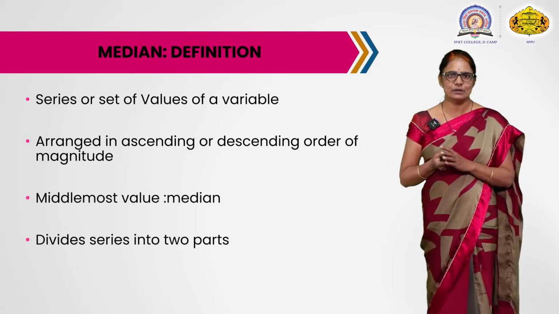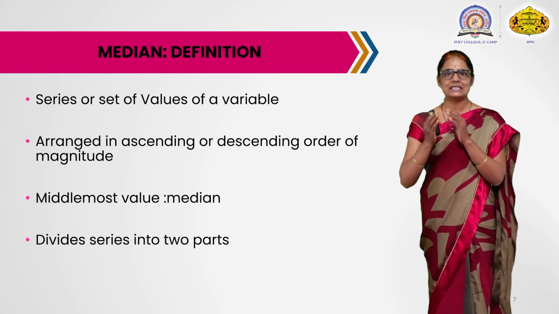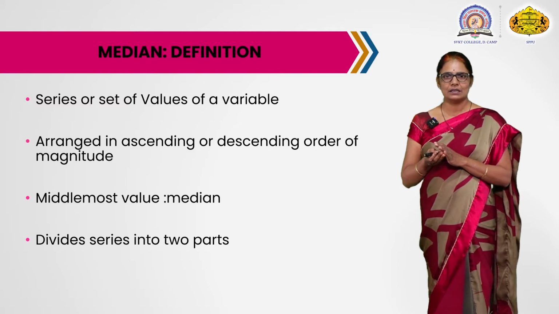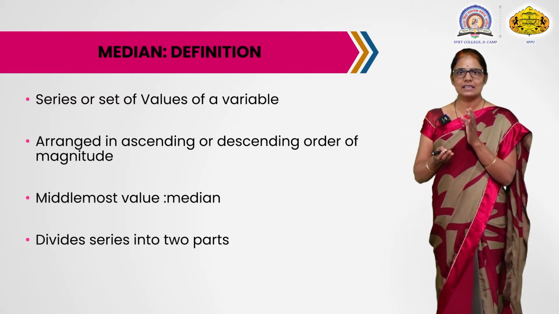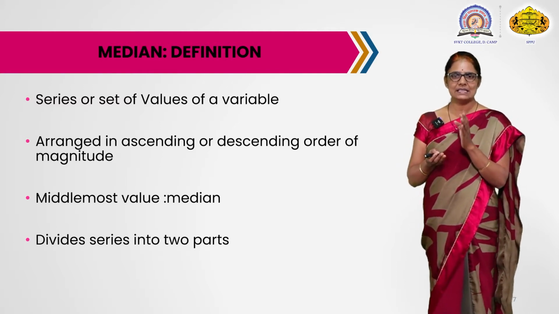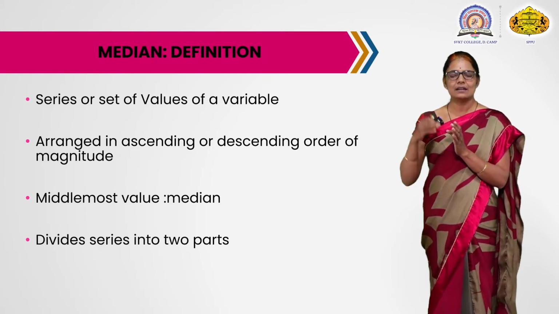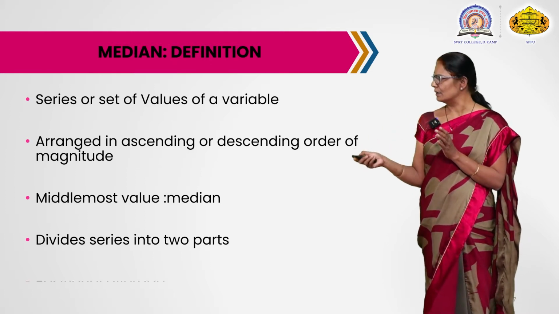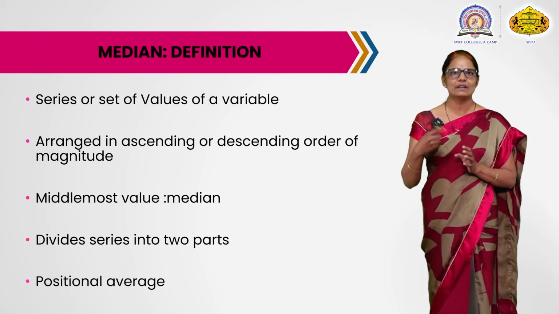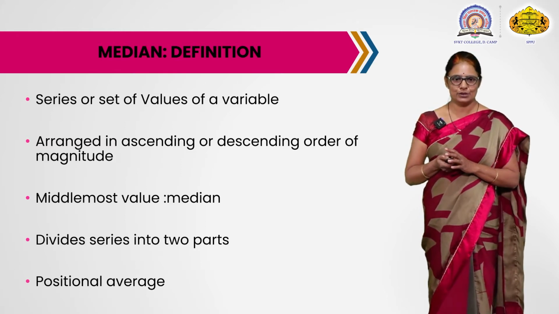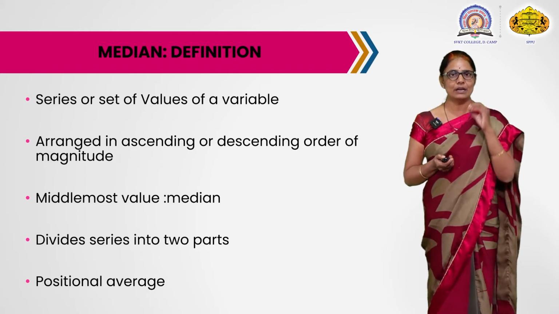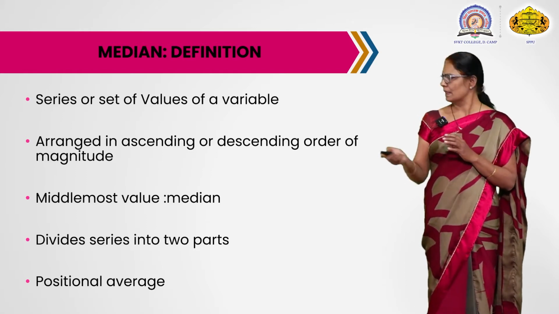If you observe carefully, due to the median, the series is divided into 2 equal parts. The first half contains the values less than or equal to the median, and the next half contains the values greater than the median, or sometimes equal. So median is one type of positional average, because median is defined as the middlemost observation.